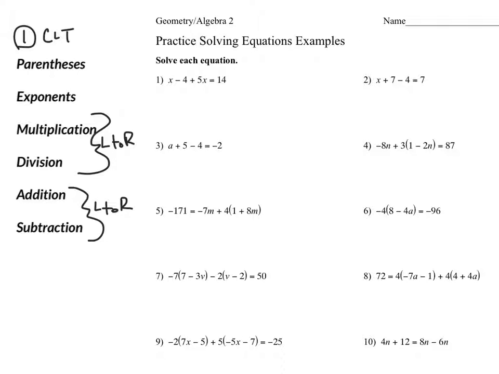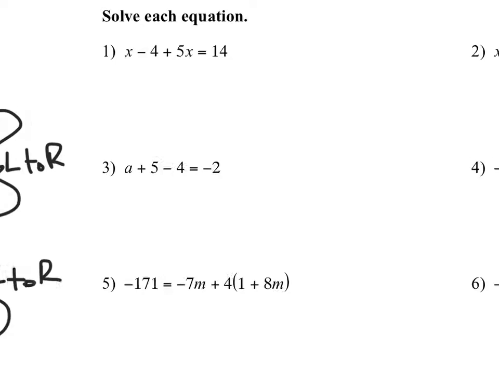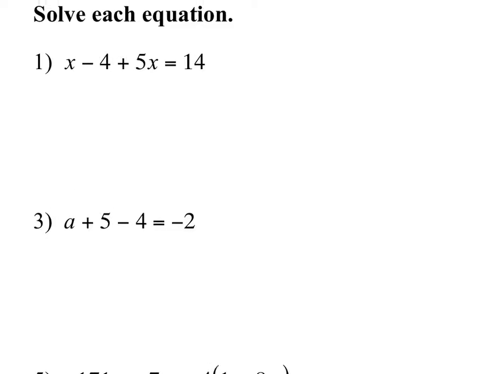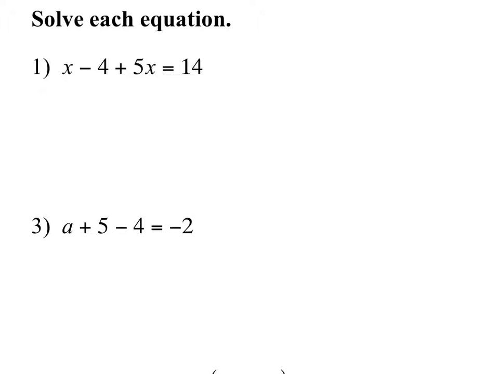So as we look here at the first example, we have x minus 4 plus 5x equals 14. First thing I want to look at is, can I combine any like terms? As I'm looking at this equation, are there like terms on one side of the equal sign? A lot of times you'll see me draw this line down the equal sign. That's the divider line, one side to the other.